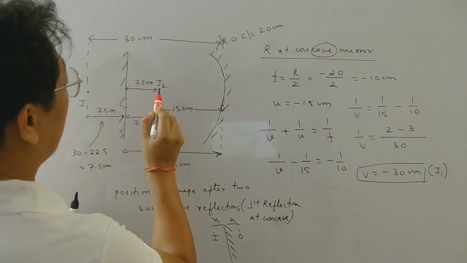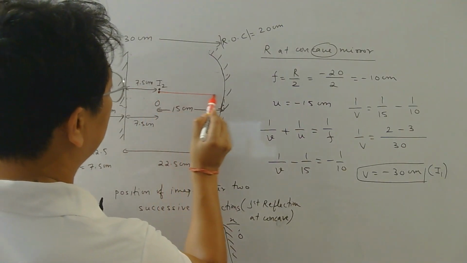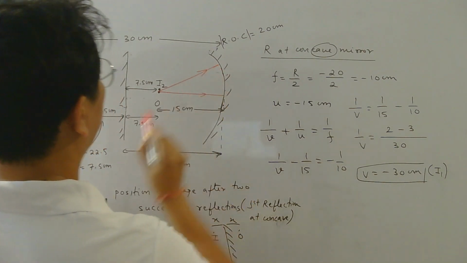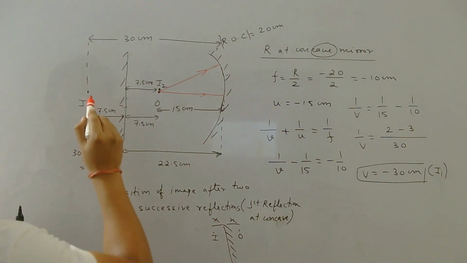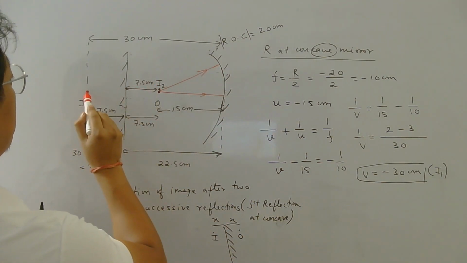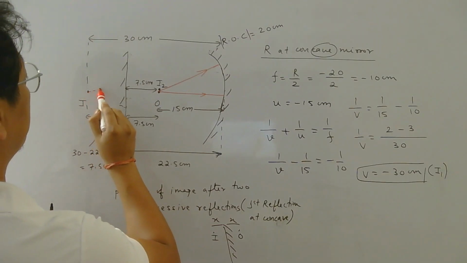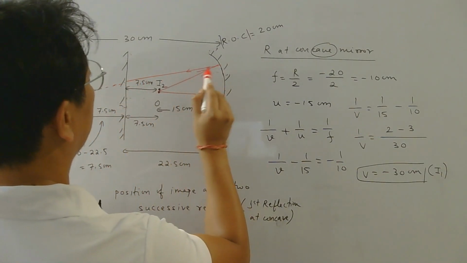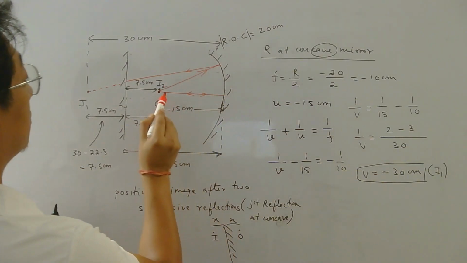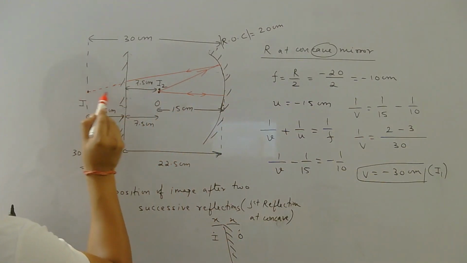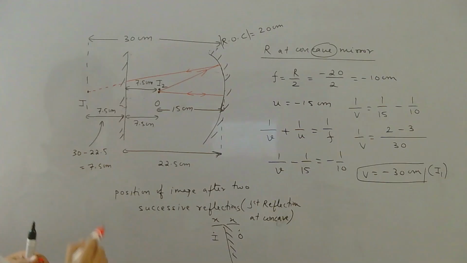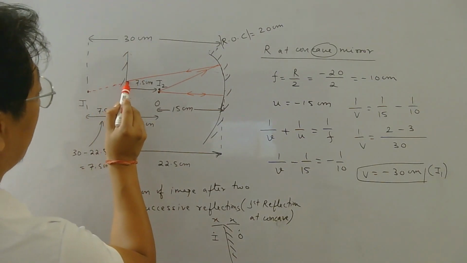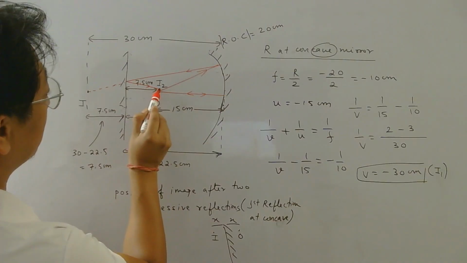So light would have gone something like this and then like this, and that light, since it forms an image here, should come this way. Okay, so the reflected light would meet here. However, because there was a plane mirror here, it further reflects and finds the final image here itself.